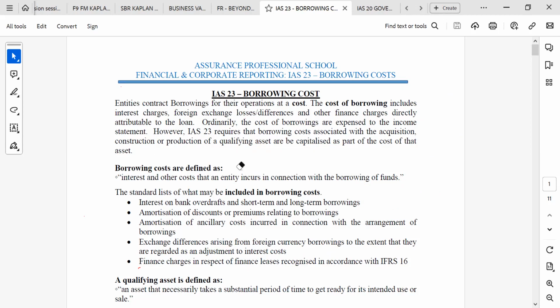Are we also going to capitalize the interest relating to the land? Would the interest on a borrowing cost relating to acquisition of land for construction of plants also be capitalized as part of the initial cost of the plants? Do we capitalize a borrowing cost on land or not?